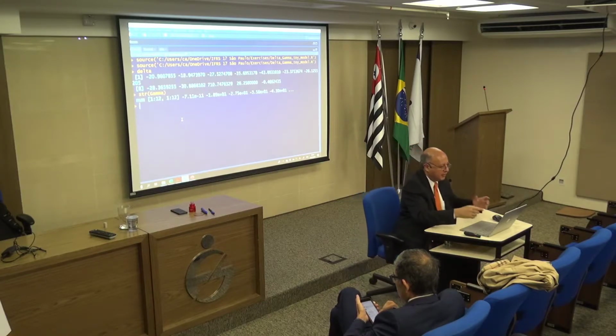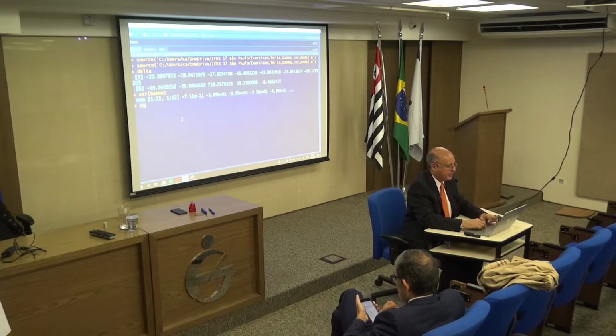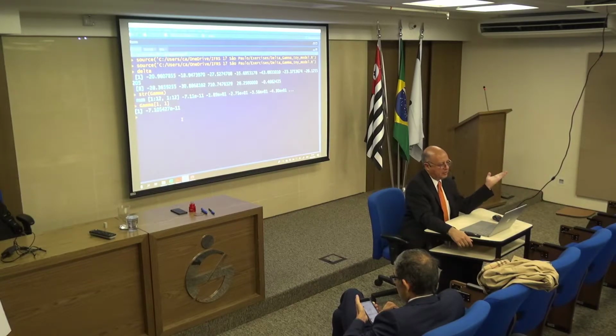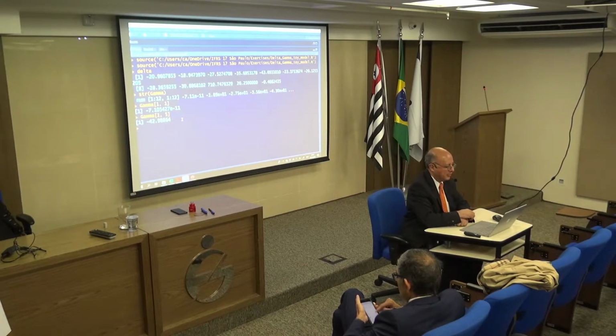All right, so these are the different elements. So the first element of the matrix, gamma 1,1, is that number, which is incredibly low, right? It doesn't matter. If I take, for example, this, that's different. That's not as low.